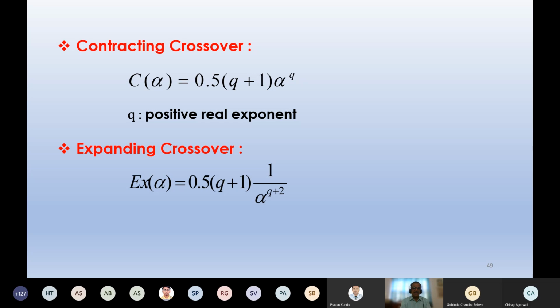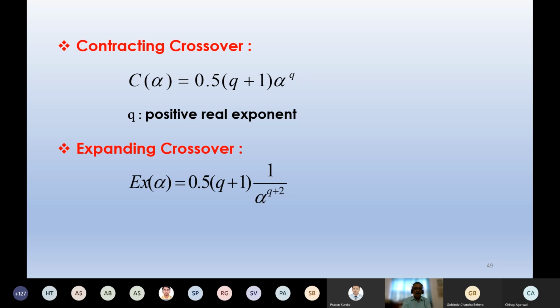Now let us try to concentrate first on the mathematical expression which they used. As I told, they took the help of polynomial distribution. Now remember, this is also not unique. Many people propose different mathematical expressions just to represent this contracting zone, expanding zone.